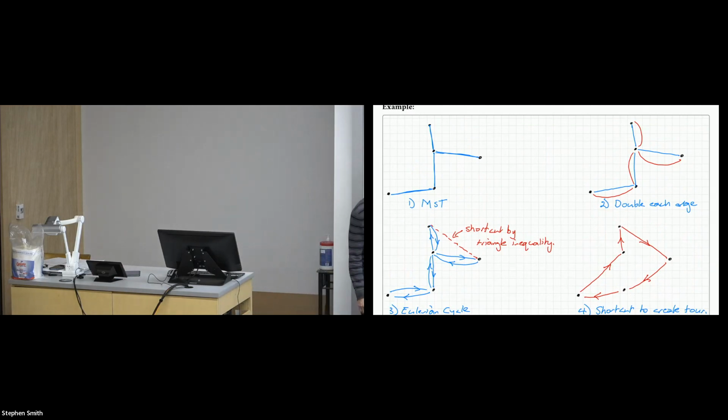So that means the length of the Eulerian cycle, which traverses each edge exactly once, is no more than 2 times the length of the optimal TSP. Here, all we did was shortcut, and by the triangle inequality, we shrunk the tour. We can't have made it any longer. Thus, our final tour is no more than 2 times the length of the optimal.